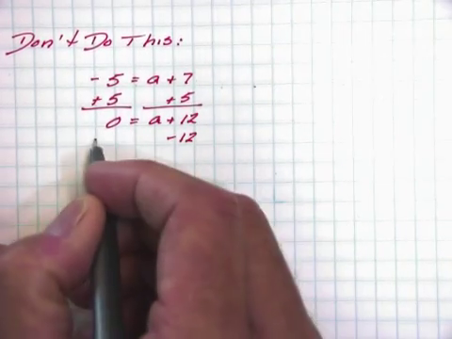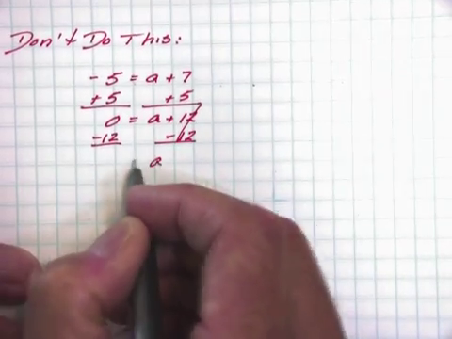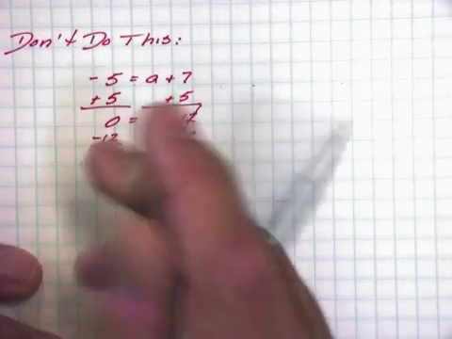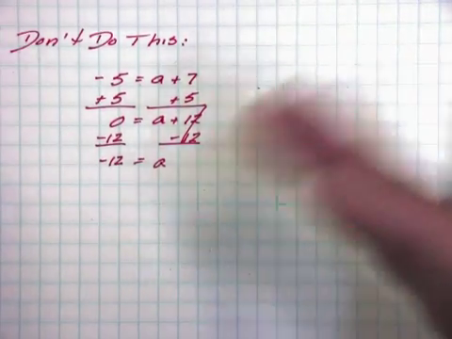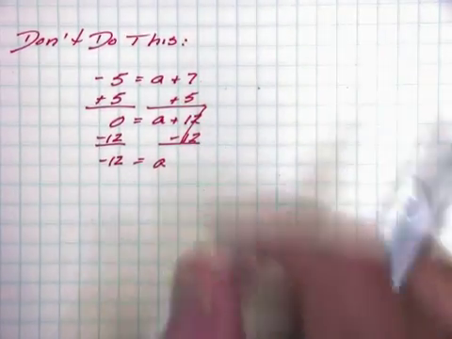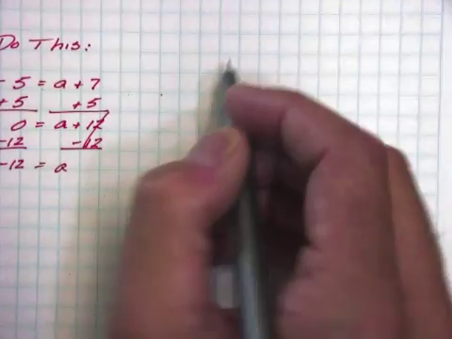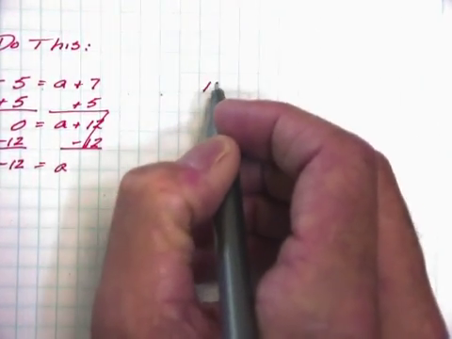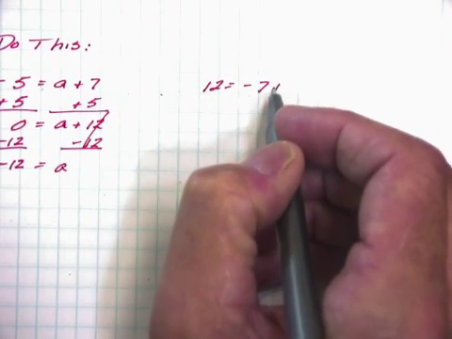But notice that didn't get you to the answer that a equals negative 12. What happens is now you've added another step to solve this. You've got to subtract 12 from both sides, and a equals negative 12. So think ahead in the problem. Look through the problem, look to the solution, and try to avoid creating extra steps for yourself.